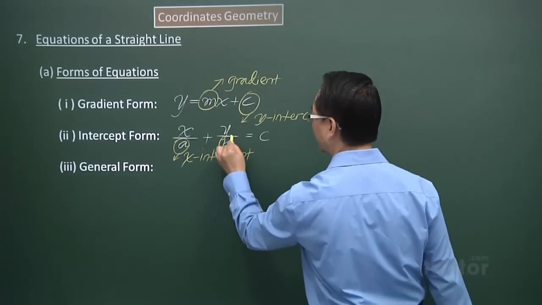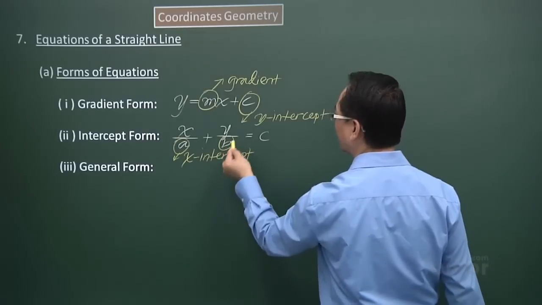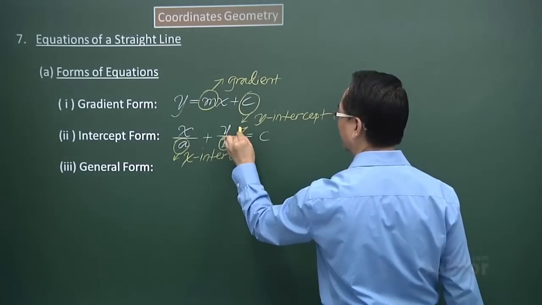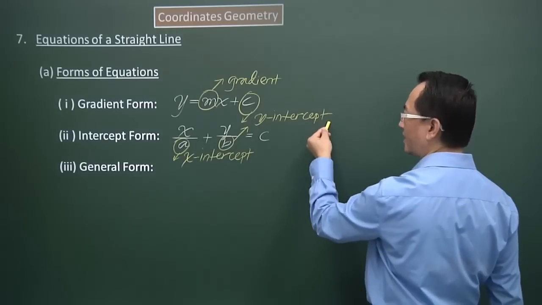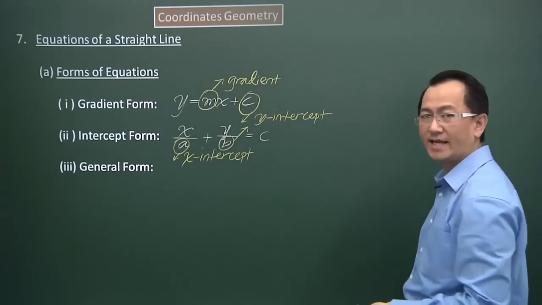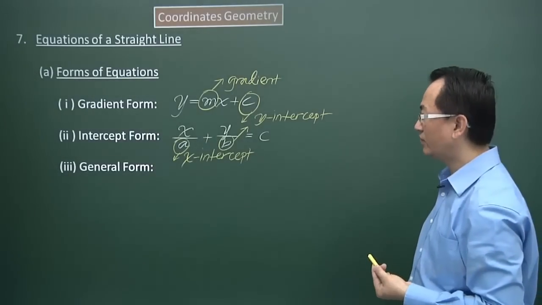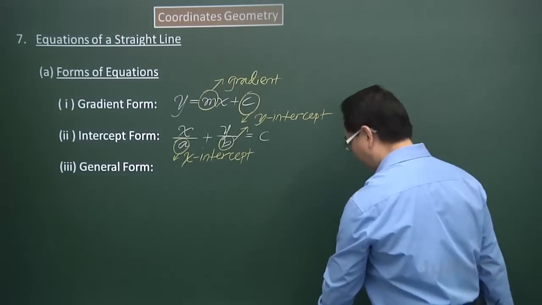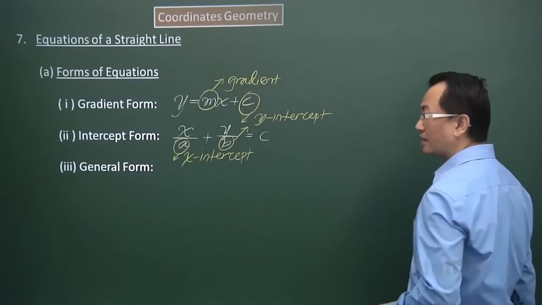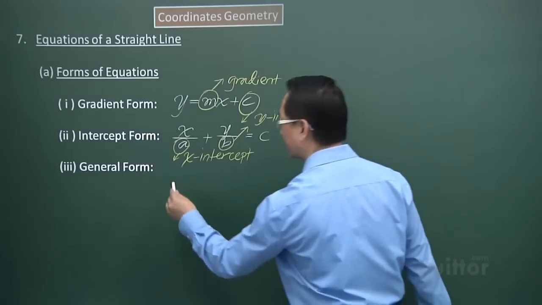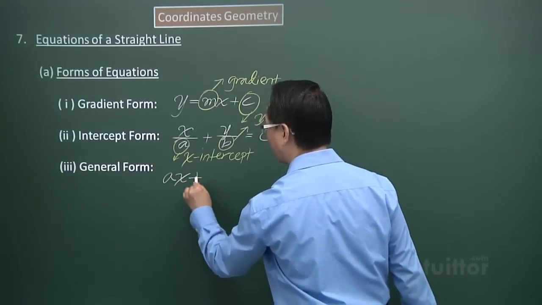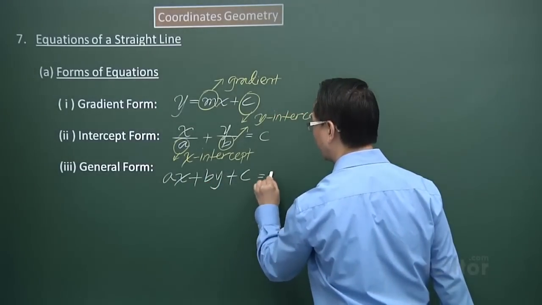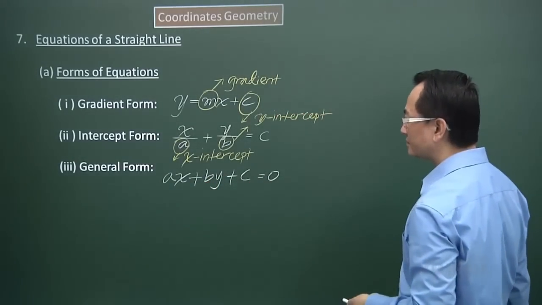And for this, the b is the y-intercept, where the straight line cuts the vertical axis, the y-axis. For the general form, it will look like this: ax plus by plus c equals 0.